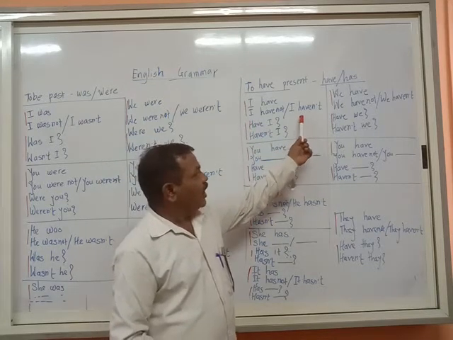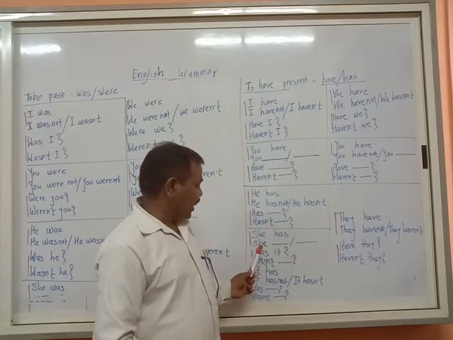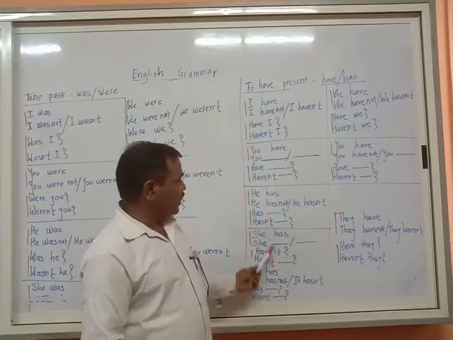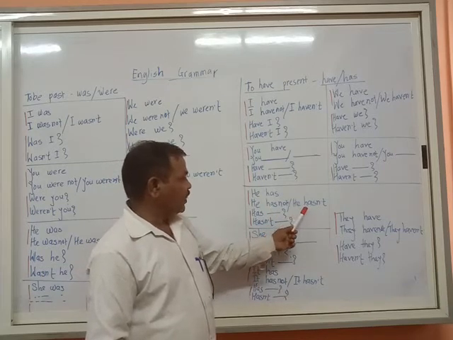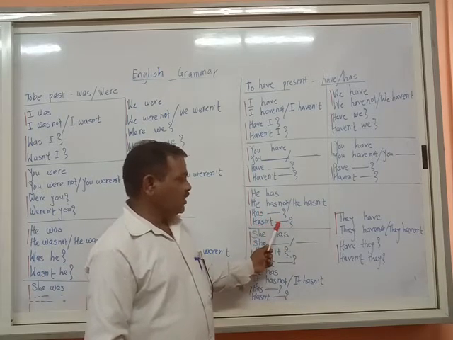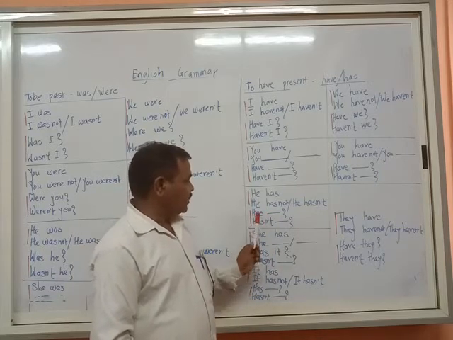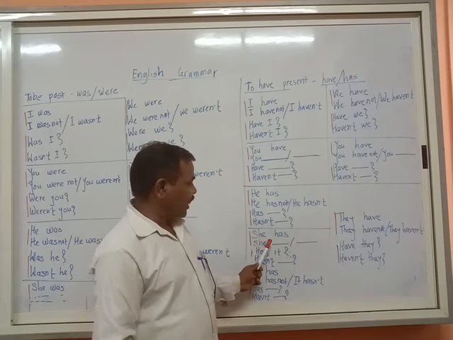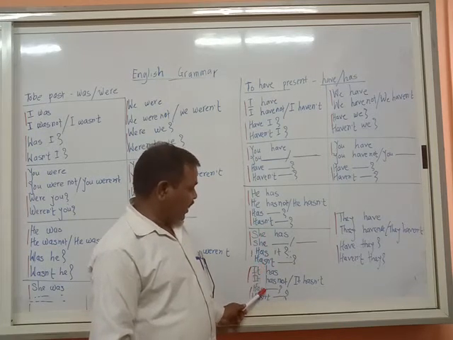Very well. So this is about the have. I have, we have, you have, you have. Then he has, she has, it has. See very clearly. He has not, he hasn't. Very fine way. Has he, hasn't he. The yes no type questions, positive and negative. Has he, hasn't he. In the same way, she has. You have to fill up these gaps. Then it has.